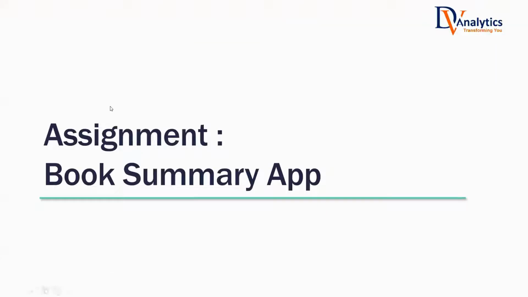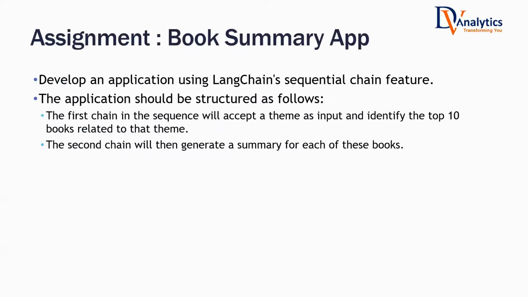We have to create a book summary app. What we need to do is develop an application using a LangChain sequential chain. We have to accept a theme as input. I want this theme to be made in such a way that the user doesn't have multiple options. You have to give it as a list, so you say that from these 20 or these 30 themes, you choose one. You're not even giving an option for the user to write down what theme they want to choose.